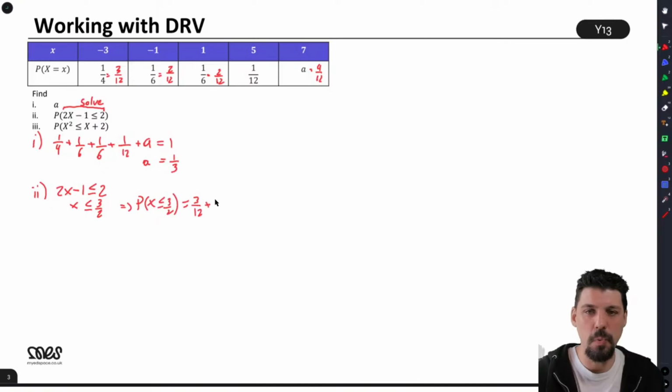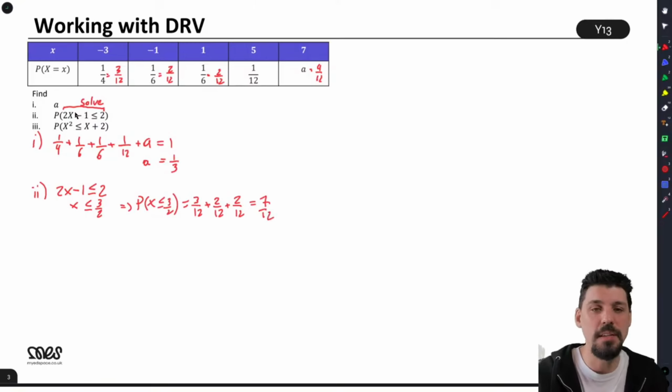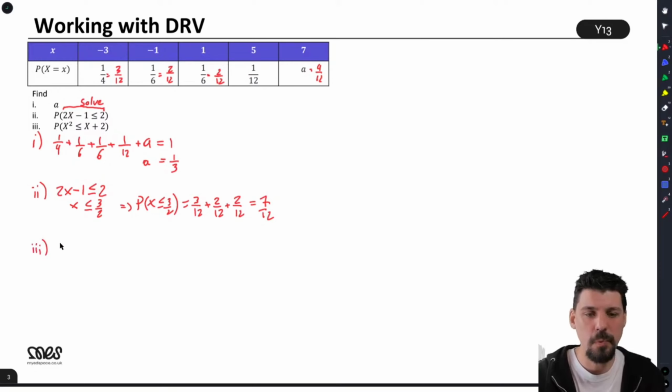It could be -1, and it could be 1. So it is absolutely 7/12. Again, all you have to do if you've got these probabilities with some weird inequality in it is solve the inequality. With further maths, we do not fear the inequality, even when it's quadratic.